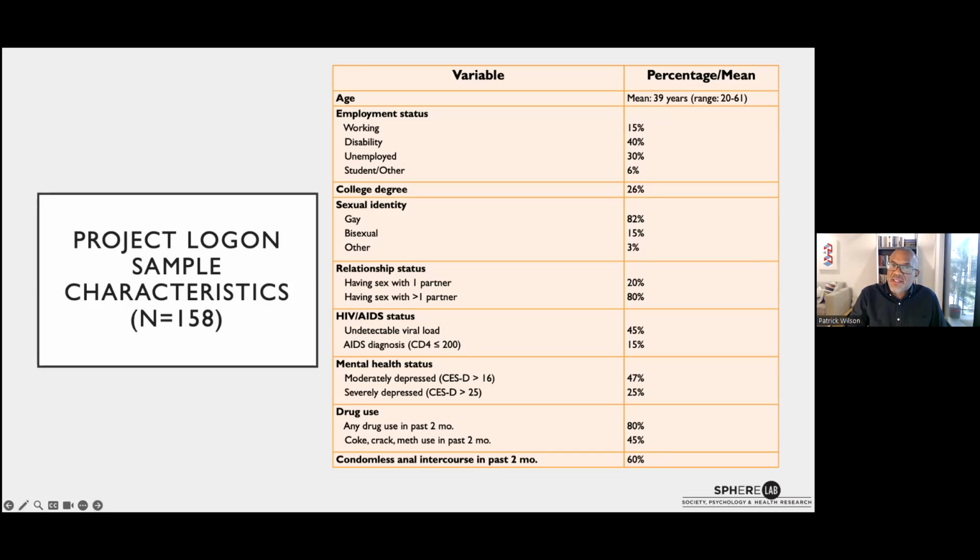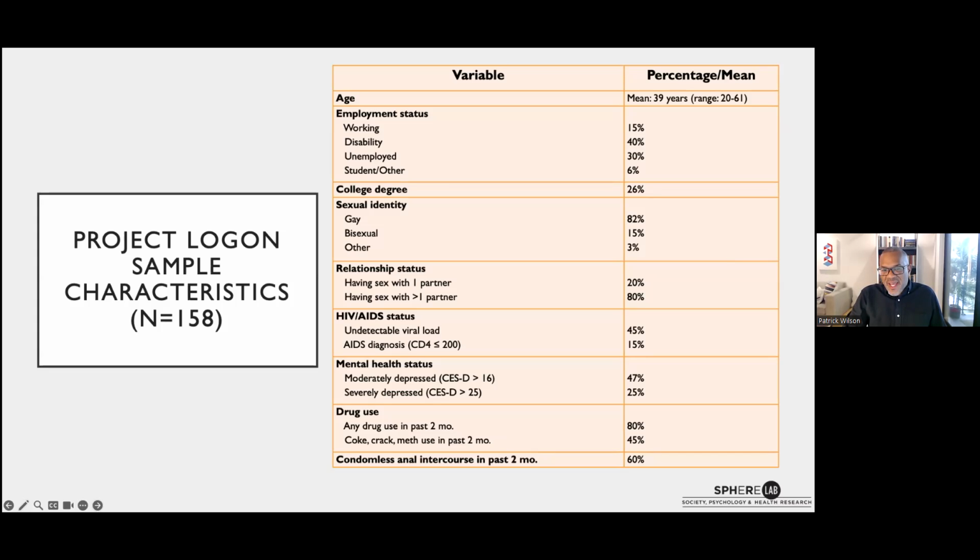So you can see that a large number of the men in our sample for Project Log On were unemployed or on disability. Only a quarter had a college degree, so a very lower SES sample here. Many of them reported substance use, and also a decent proportion reported condomless anal intercourse.